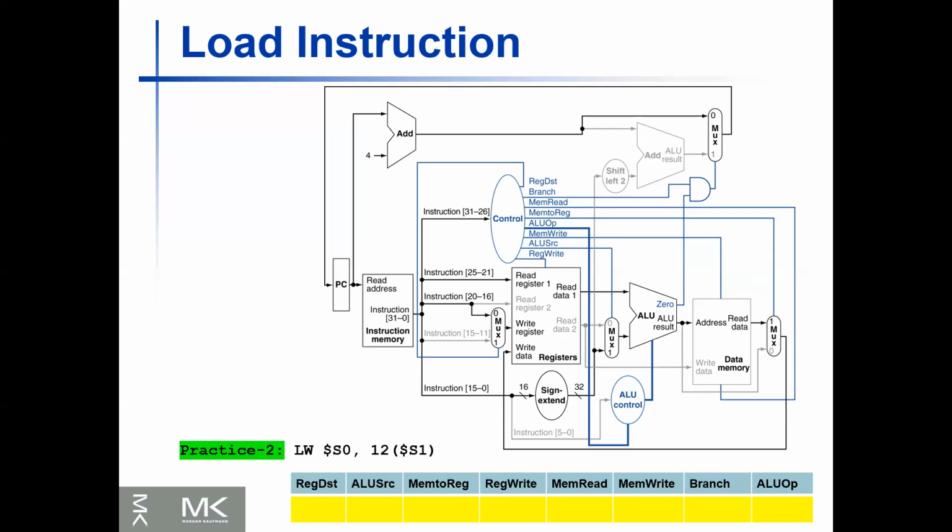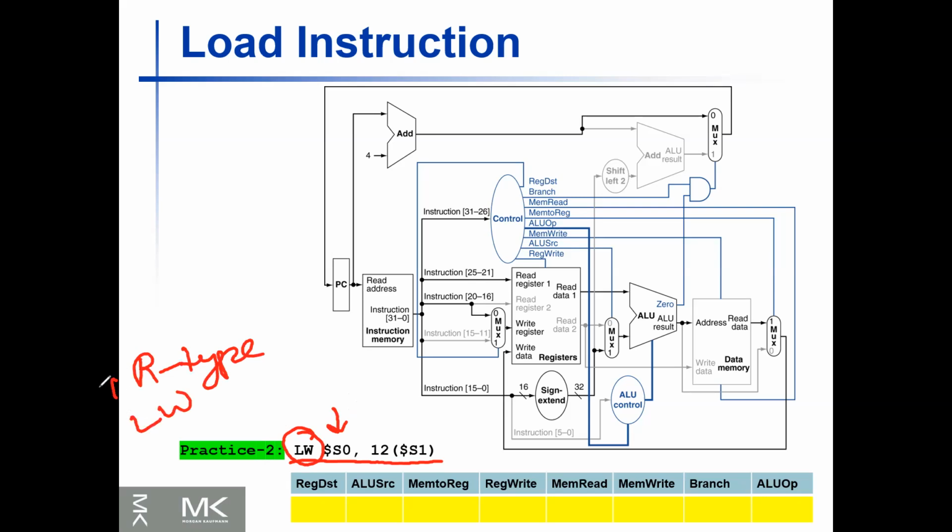So again, let me start the explanation. First of all, when you see the instruction, girls, you check it first. Is this writing some register? Yes, we are going to write S0. All right. I told you there are two instructions where you have to write. One is R type, another one is load type.